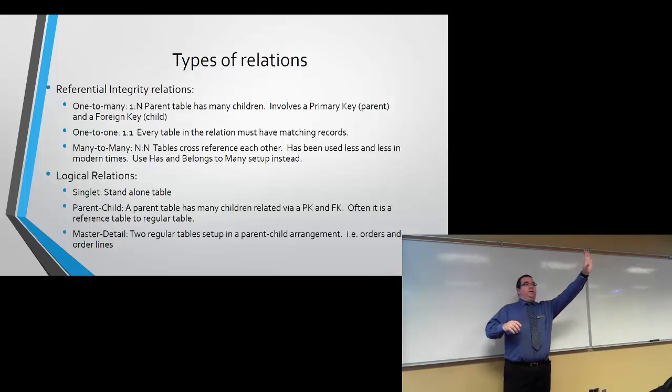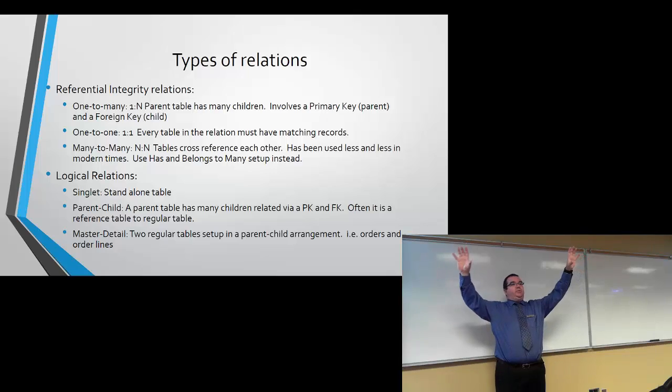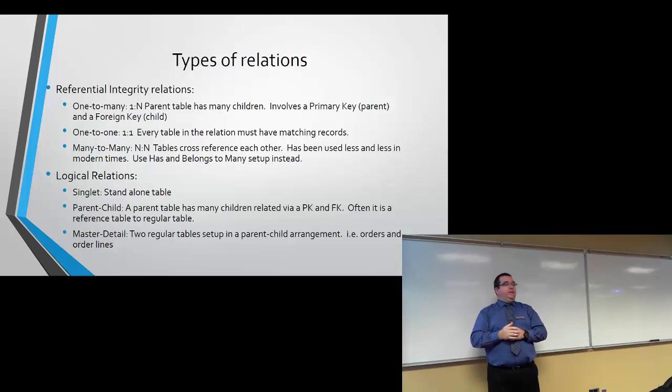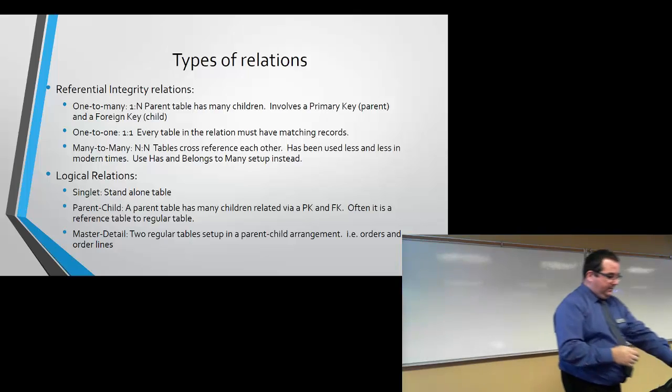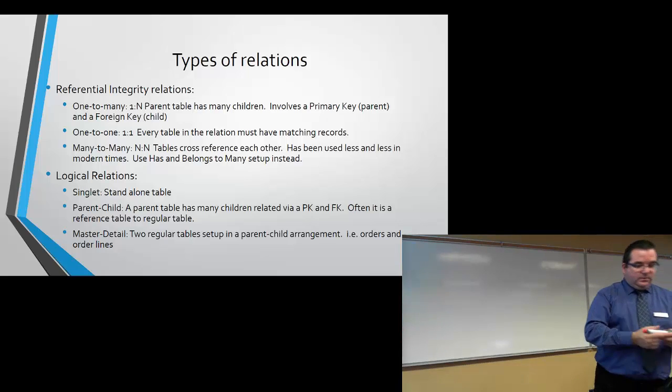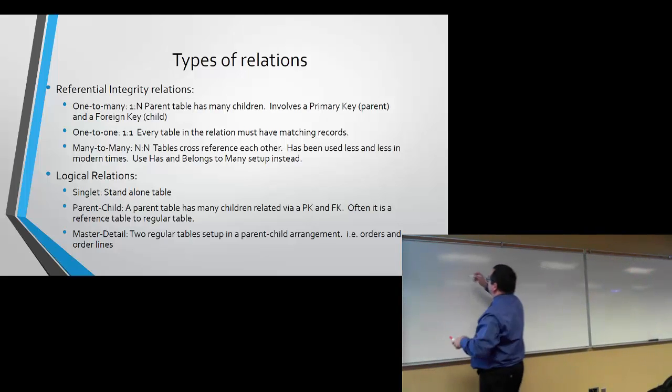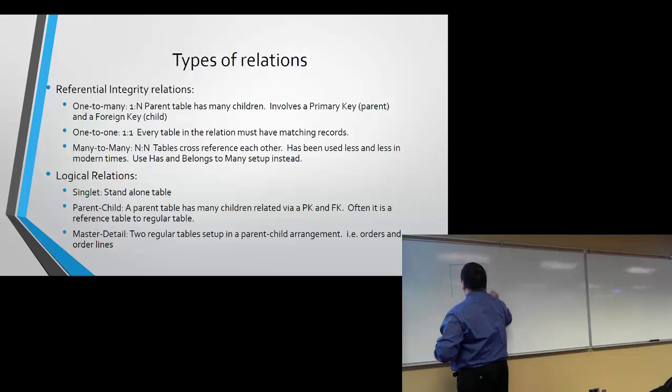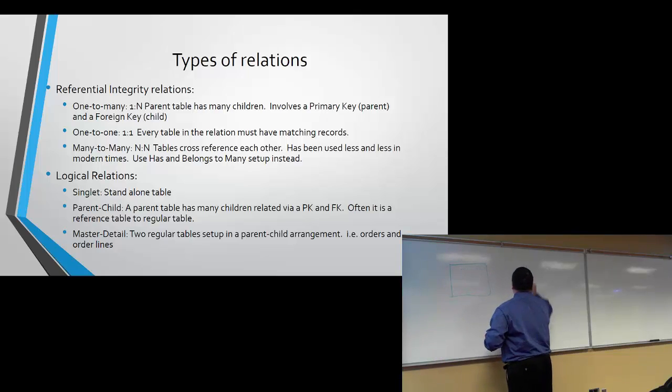What happens is you've got one table and another table. What you end up doing is you create a table in the middle that connects them. So it's a cross-reference table. It used to be that you had tables that did this. Table 1, table 2.